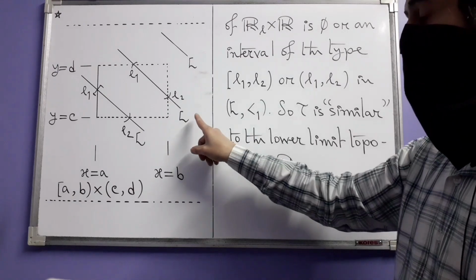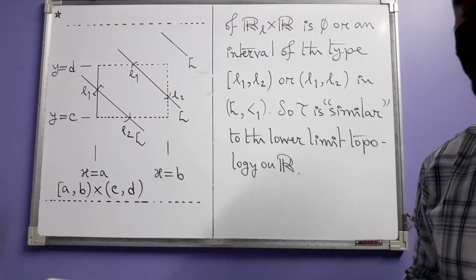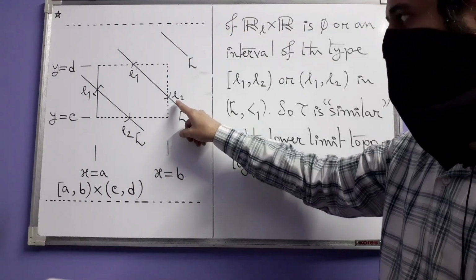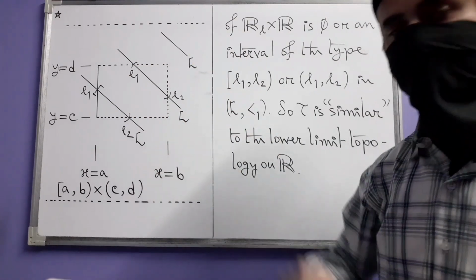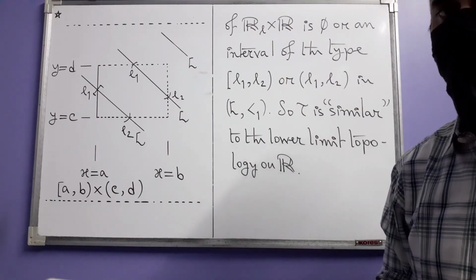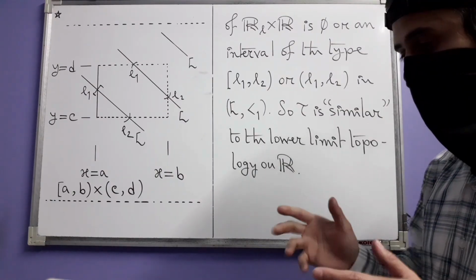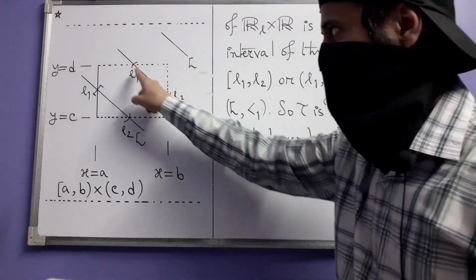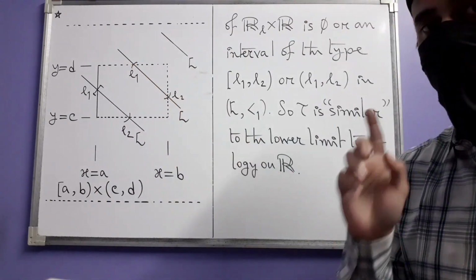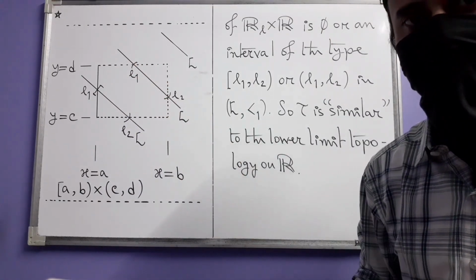Next, if L intersects this region like this, so that it passes through those edges which are not included in this basis set, then what is the intersection? The intersection is this line segment, which is a part of L without its endpoints, which say we are calling L1 and L2.